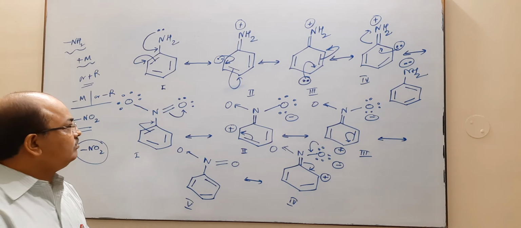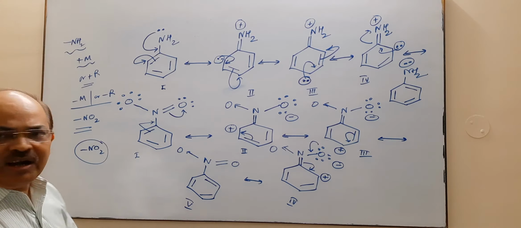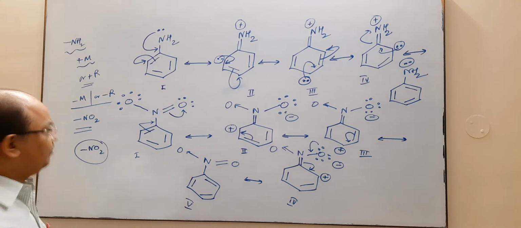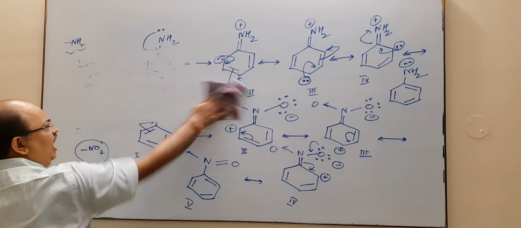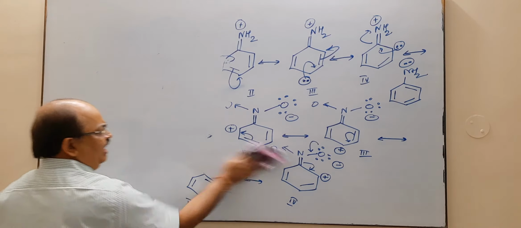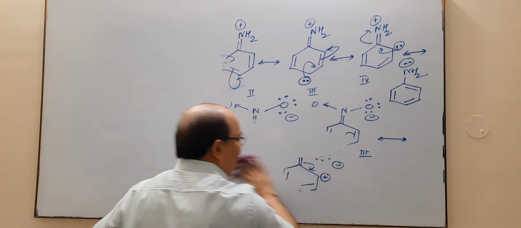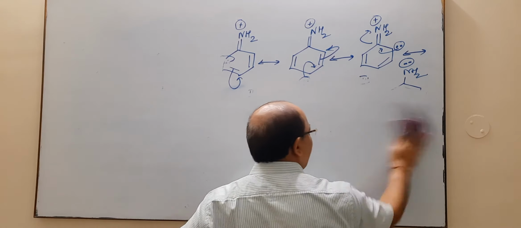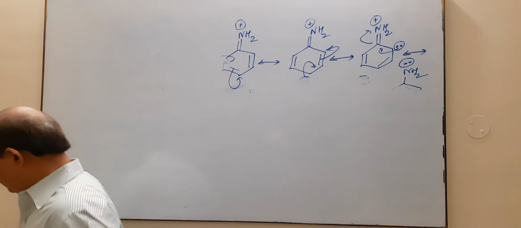Now the question is, what are the different groups? What are the different examples of groups which will show plus M and minus M character? So let us see the different examples.